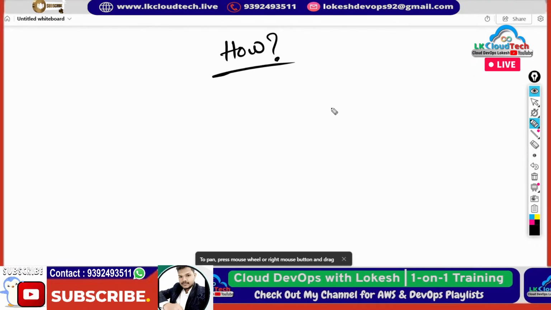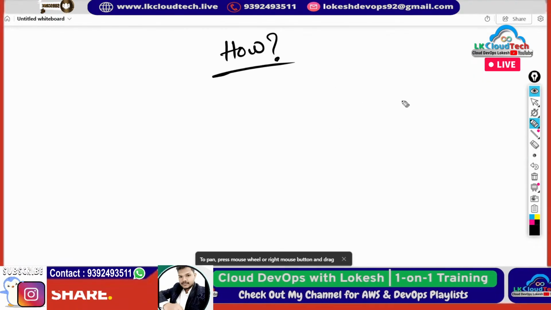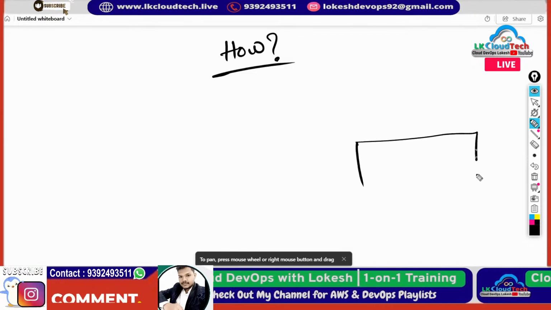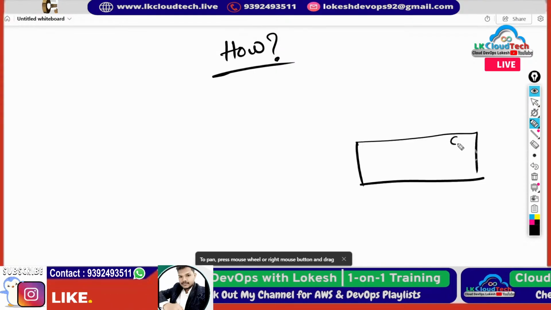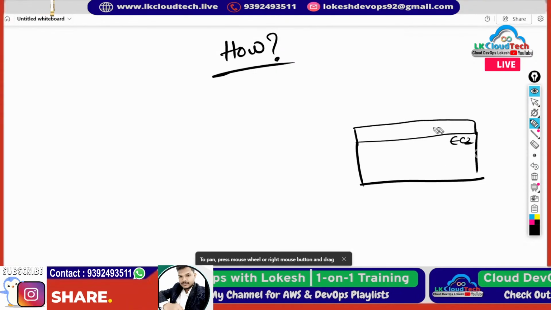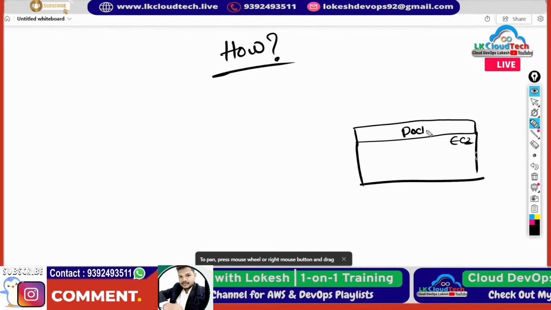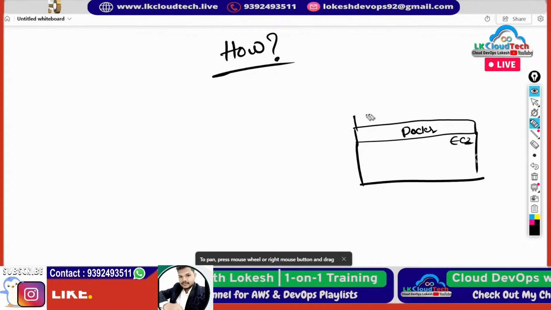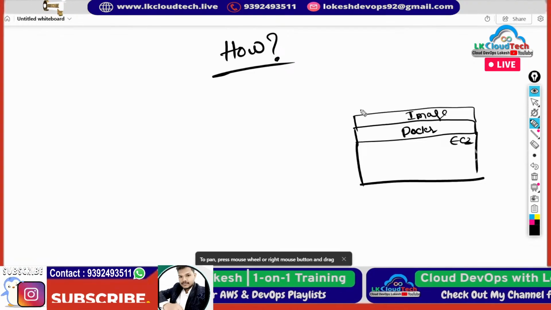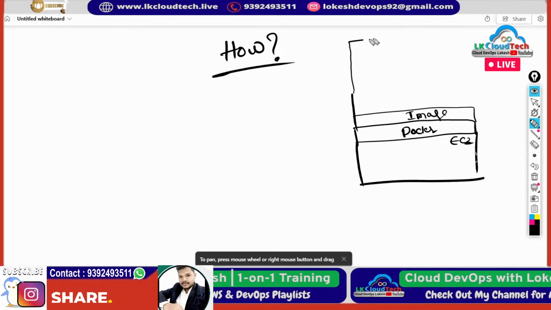In this case, first you have an EC2 machine, correct? On top of EC2, you have created Docker, correct? On top of Docker, you will have an image, and on top of this image, you have a container.